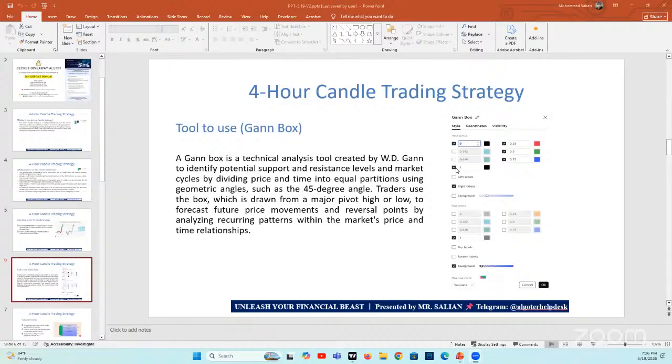Just choose the 0, the 1, and the 0.25, 0.5, and the 0.75. And then the colors, it's all up to you. For me, I'm using black for the 0 and the 1, and red for this. Or you can switch. If you want the 0.75 to be red, it's all up to you guys.